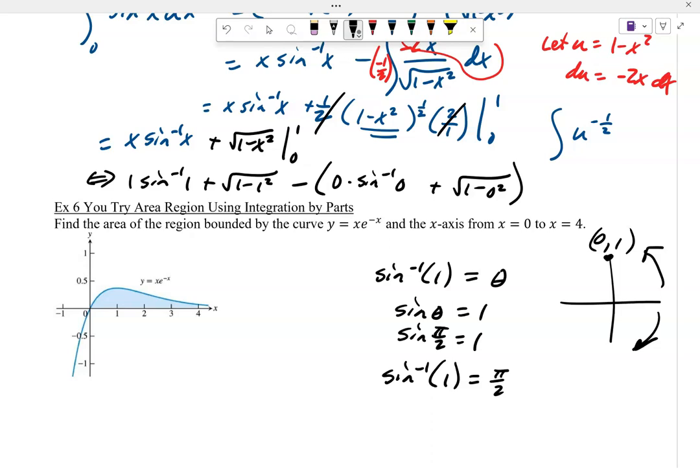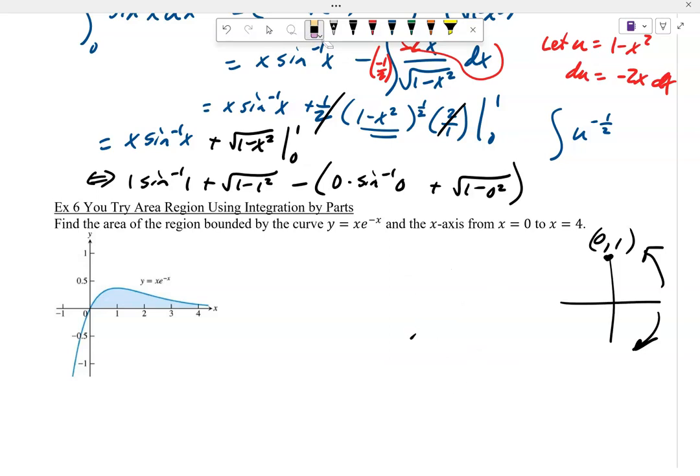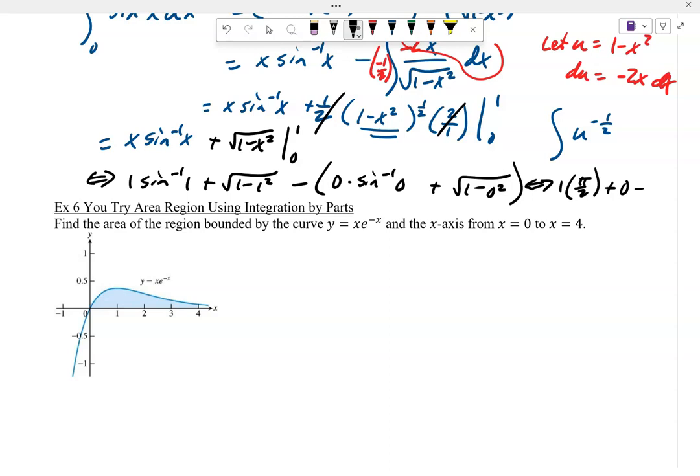Okay? So over here, let me erase this. I'm making a mess of this. So this becomes 1 times pi halves plus the square root of 1 minus 1 squared, so it's plus 0, minus, well, 0 times anything is 0, and then plus the square root of 1.